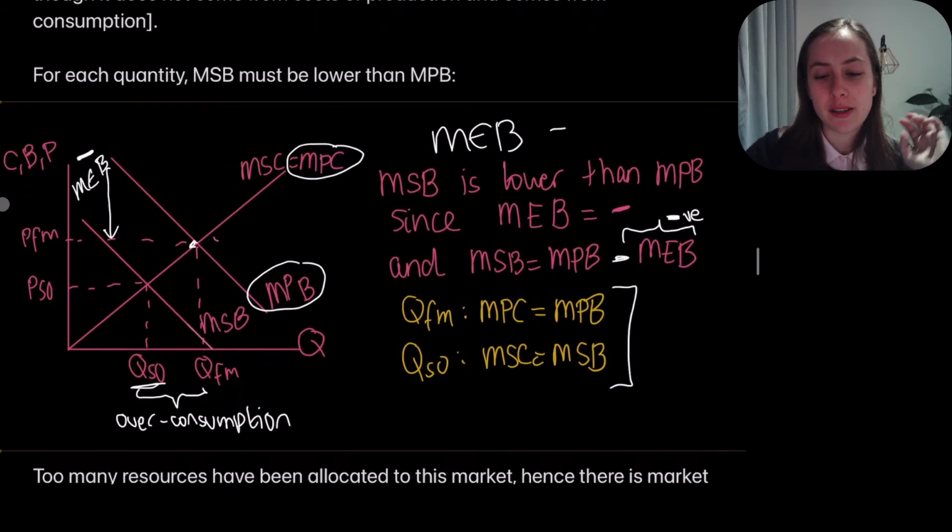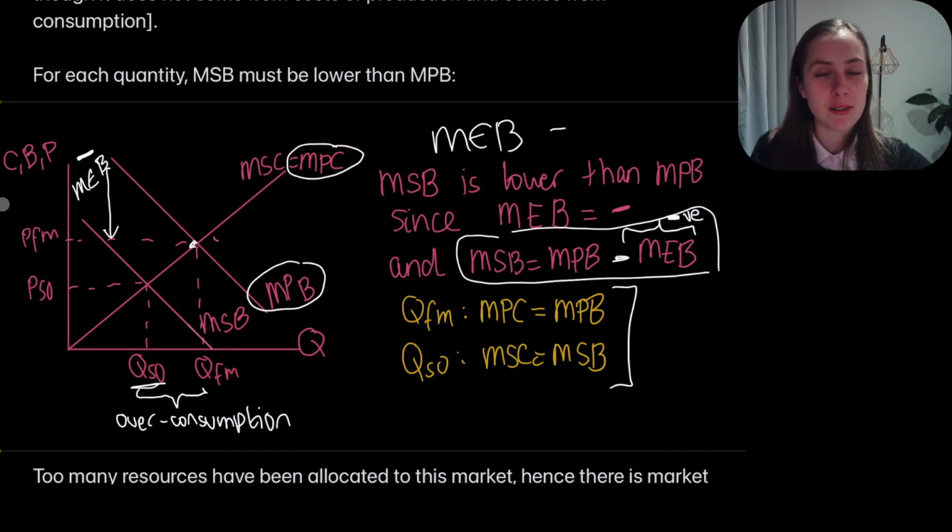And then we go back to this equation. MSB equals MPB, no longer plus MEB, it's going to be minus MEB. So MSB equals MPB minus MEB. I think I've repeated myself, but that is going to be a negative number.